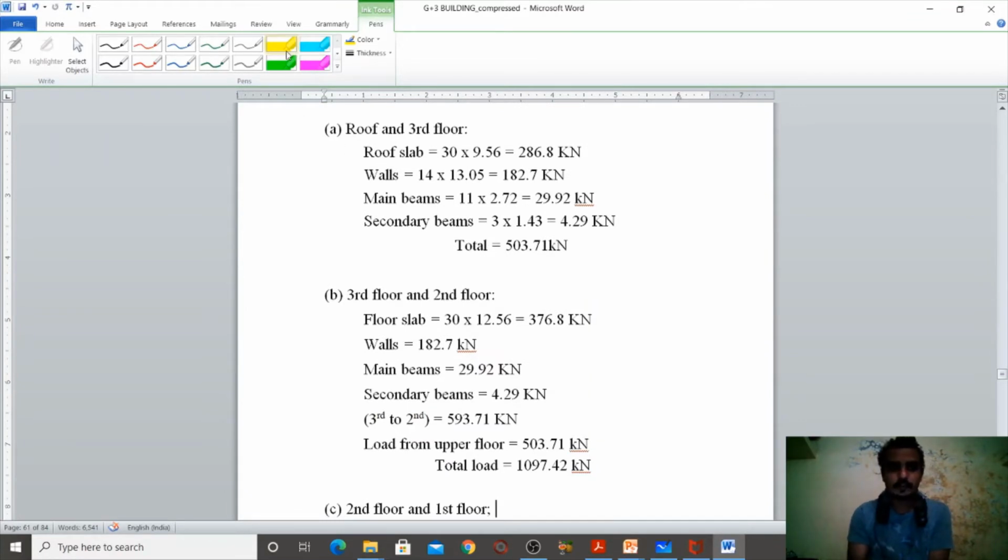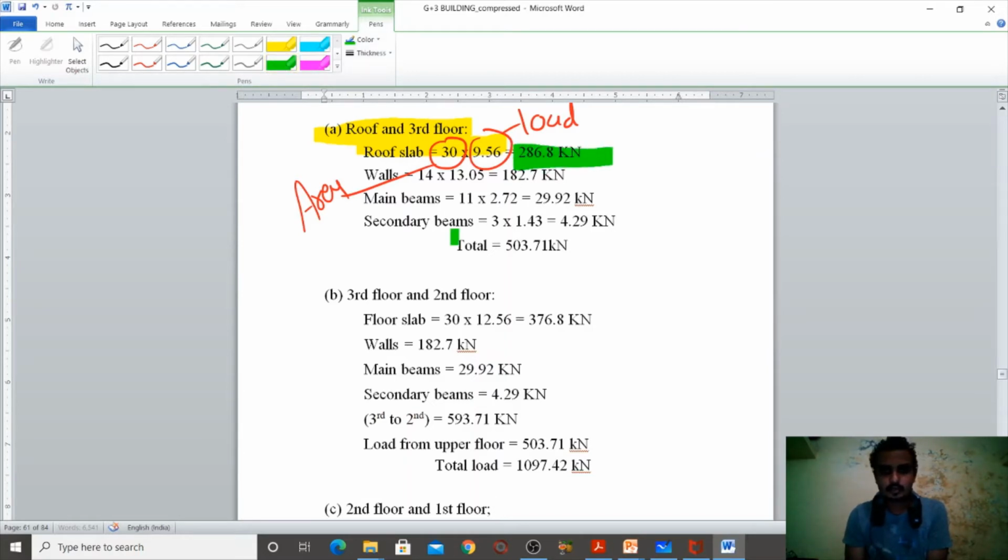First starting from the roof. On the roof we have a roof slab load. 30 is the area, and 9.56 is the load on the roof which we calculated. So 2.86 into 8 kilonewton is the roof slab.